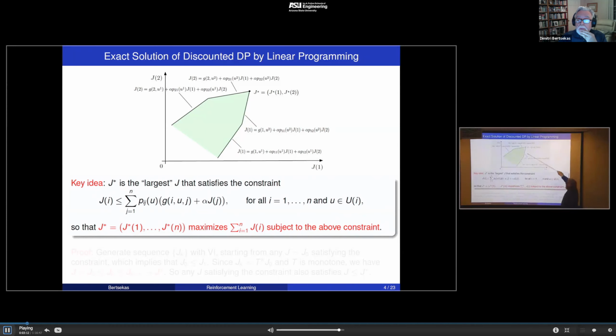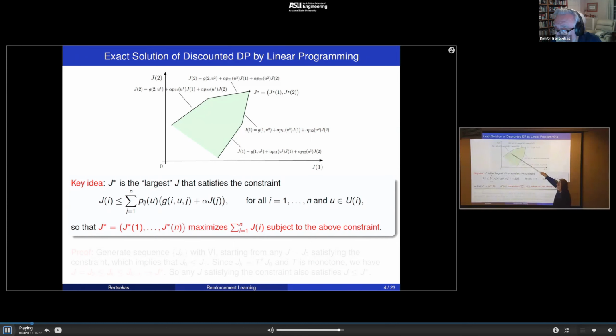And this hyperplane defines a line, okay? And the vectors that satisfy this inequality are on the green side of this line, okay? So this first inequality cuts off this part of the space. The second inequality corresponds to state 1, control 2. It's a line like that, and everything that lies on the green side satisfies the corresponding inequality.